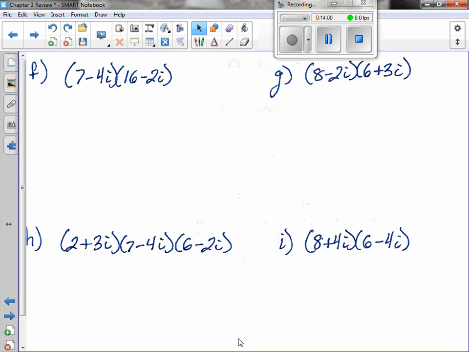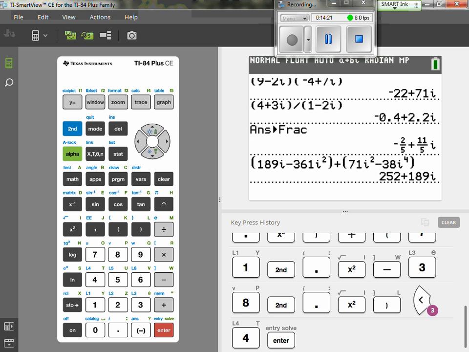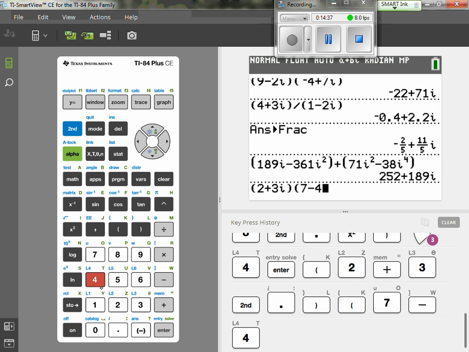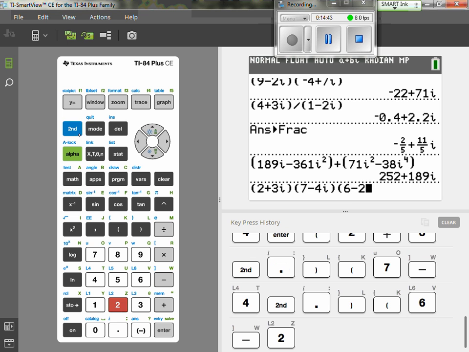Questions on F, G, H, or I? So we're looking at H. It's parentheses, 2 plus 3i, 7 minus 4i, 6 minus 2i.